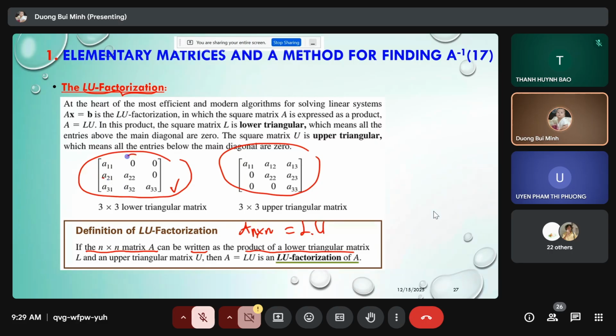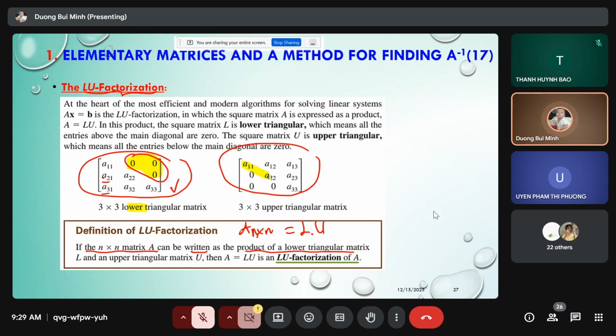But the elements above the diagonal must be all zeros. We don't care about the values of A21, A31, whether zero or non-zero. But the elements above the diagonal must be zero. Here, we say lower triangular matrix.